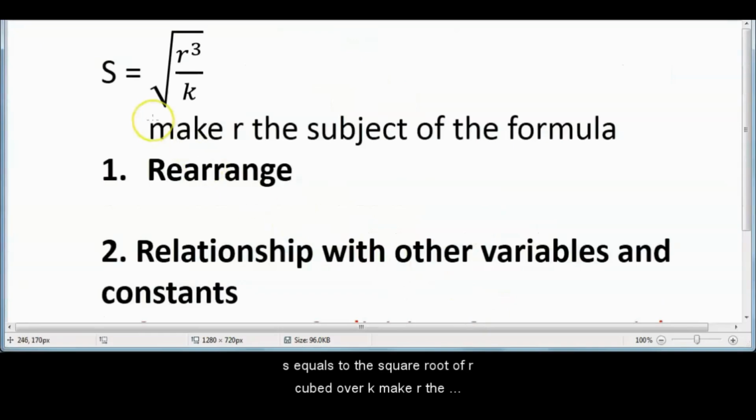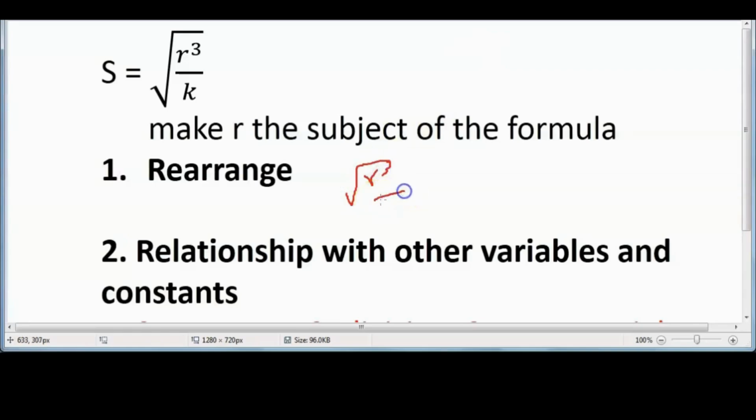S equals the square root of r cubed over k. Make r the subject of the formula. So rearranging, we are going to have the square root of r cubed all over k is equals to s.